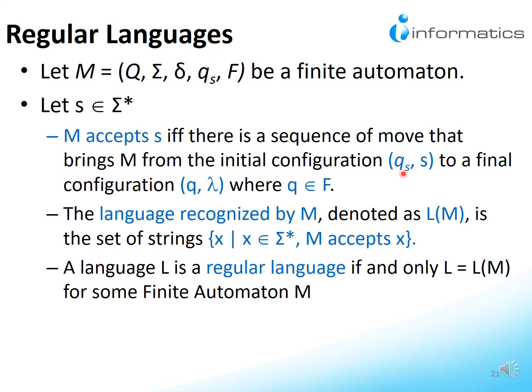Initial configuration means what? The state is the initial state and all the characters in the input are placed in the input reader. Final configuration means no more input and the state is a final state. That means that Q belongs to F, the set of all possible final states.